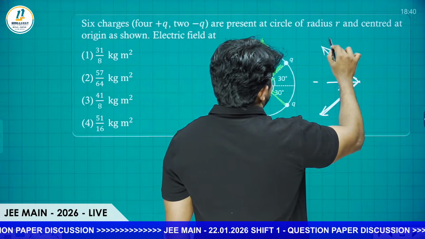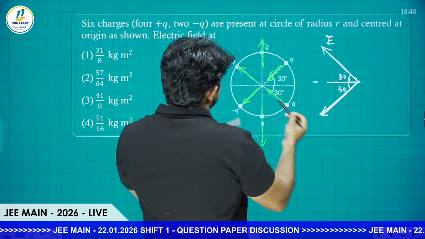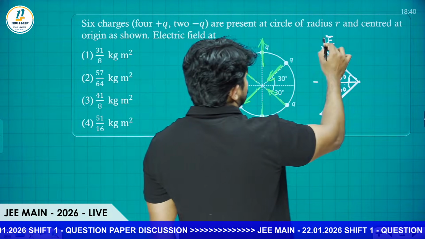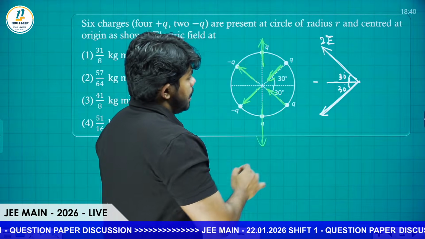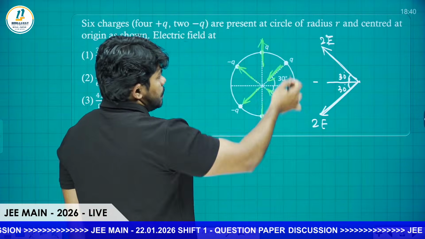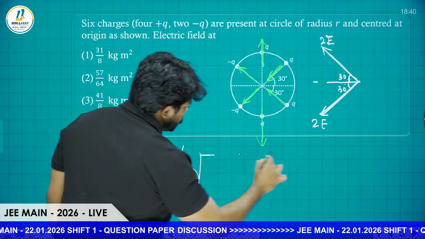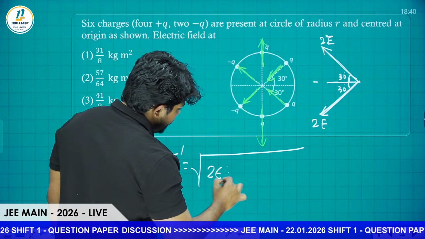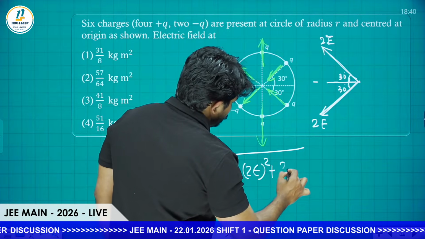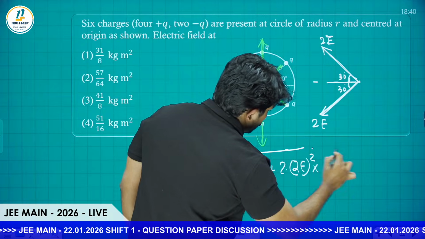So what will be this field? Suppose I take that there will be a field due to minus q, and in the same direction there will be plus q, so there will be 2E, right? And here also it will be 2E, and the resultant can be taken as root of 2E the whole square plus 2E the whole square plus 2 times 2E the whole square times cos 60.